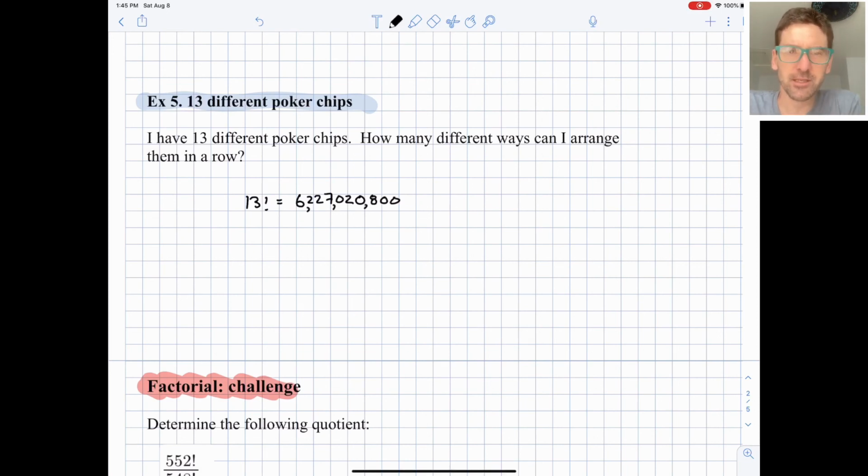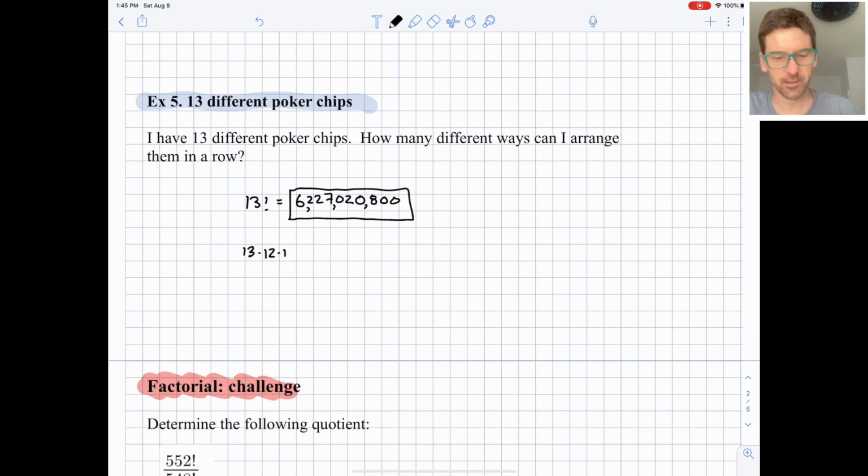Is that 6,227,020,800? Okay, so certainly many, many more ways I can do it, and I hope you can imagine that we wouldn't have wanted to type 13 times 12 times 11 times 10 all the way down into our calculator. But if we were to, it would equal that. All right, it's a good place to stop right there.